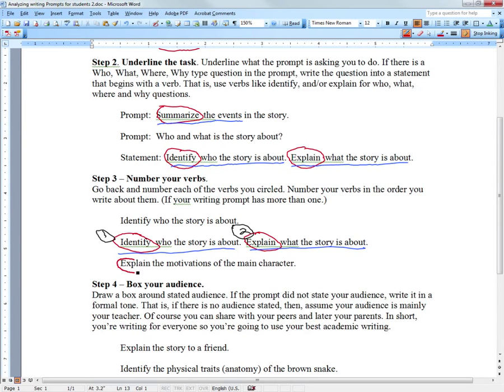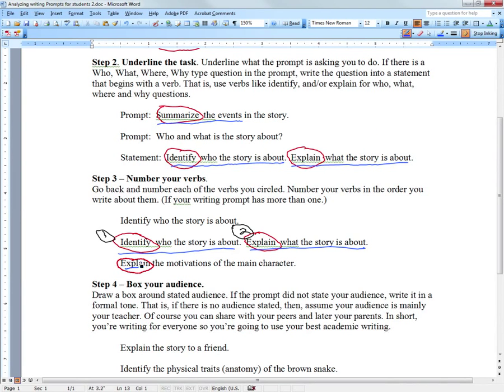Circle. I'm going to explain. What do we mean by explain? We're going to put in our own words what we think, the why of what this character is doing, right? Explain. Why is he doing it? We're answering that question. Why is he doing what he's doing?